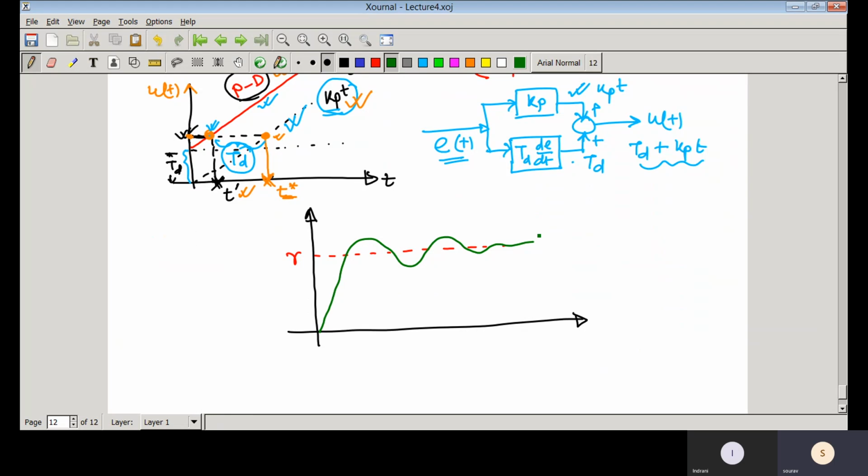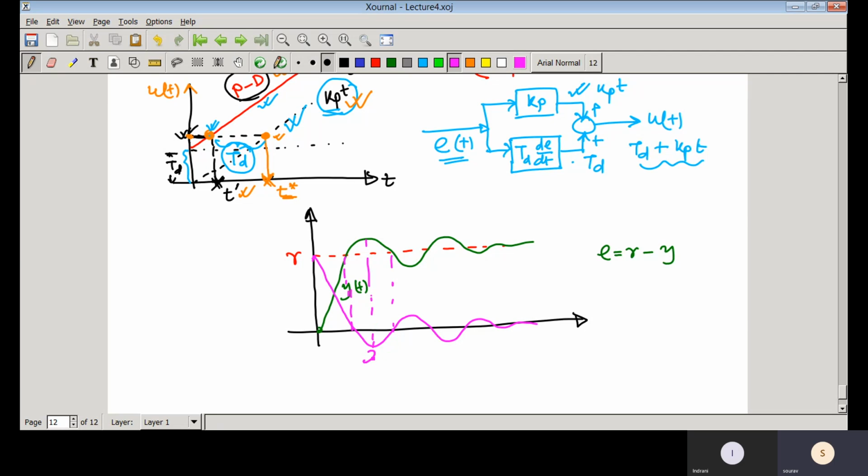It is like this. So then what would be your error signal? This is y(t), and error equals R minus y. So when t equal to 0, your error signal is here, and whenever y(t) is going like this, your error signal is coming like that.